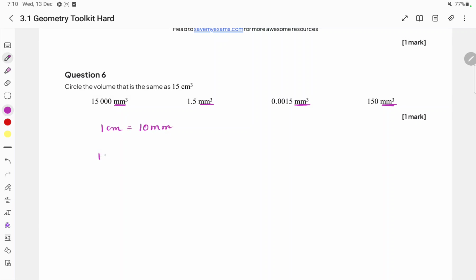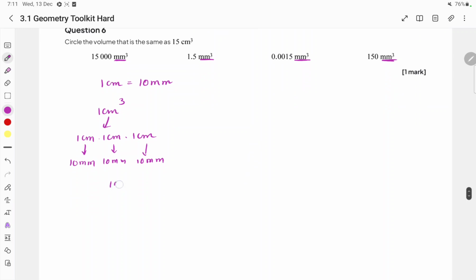So 1 centimeter cube is 1 centimeter into 1 centimeter into 1 centimeter, which is 10 millimeter into 10 millimeter into 10 millimeter. So 10 into 10 into 10 is 1000 millimeter cube. So 1 centimeter cube equals 1000 millimeter cube.